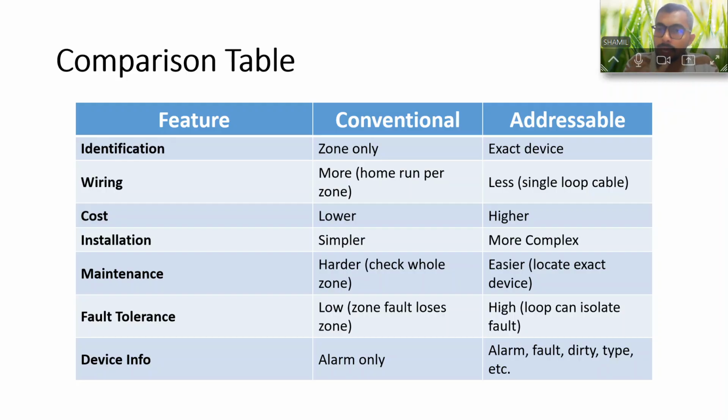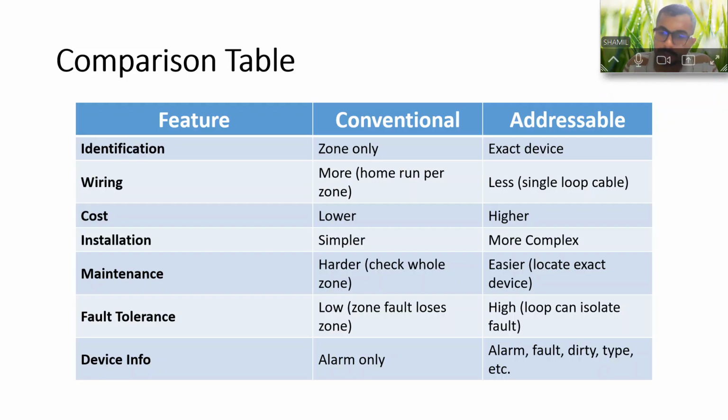For example, you need to determine the address of the device. You need to know where exactly you are going to place the device. You have to actually prepare a list of devices and all. So all those things will come under the addressable part of installation. Okay, so this is another aspect which is having a difference.